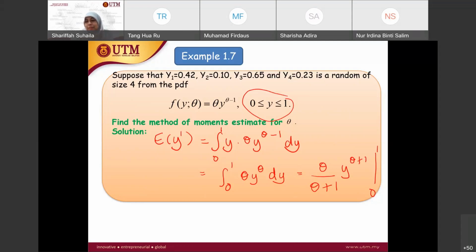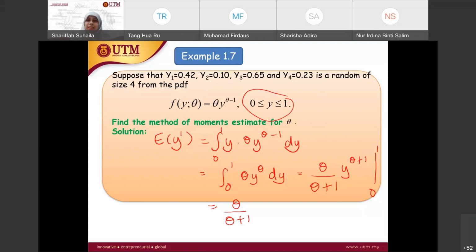So kita ada theta over theta plus 1 lah. So kita ada 1 gantikan, 1 over theta plus 1 is still 1. So just have here is theta over theta plus 1. So itu expected value dia. Expected value of y is theta over theta plus 1.